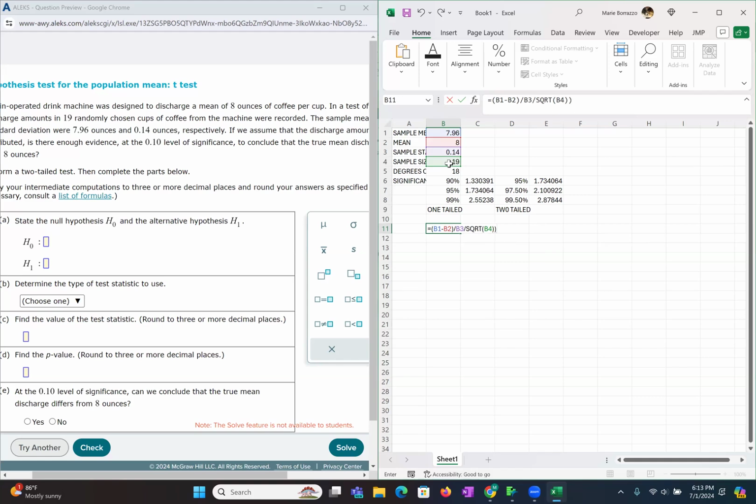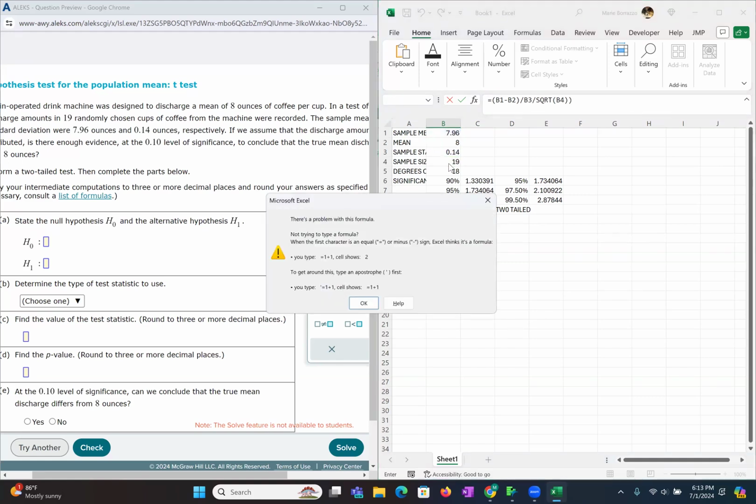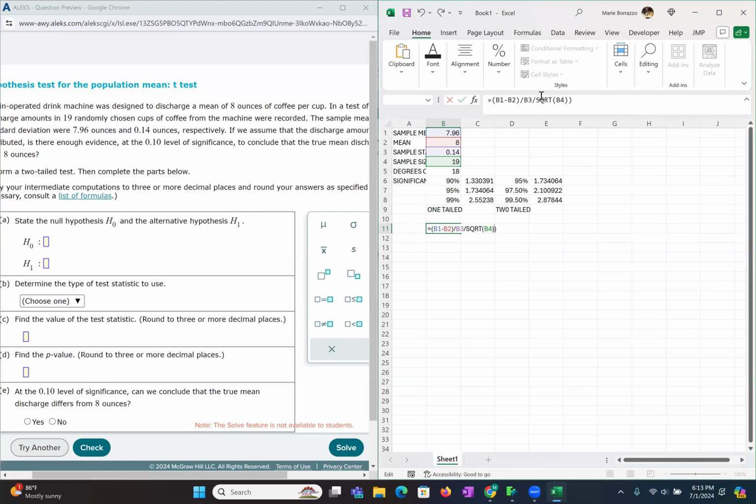If you want to put parentheses around this part, it might actually not be a bad idea. I'll even do one over here because we're dividing by a denominator. And that gives us negative 1.24. What I want you to remember about this is we always use the absolute value of it. So it's positive 1.24 when you do the test statistic.